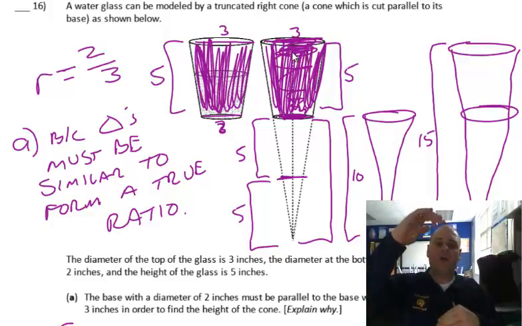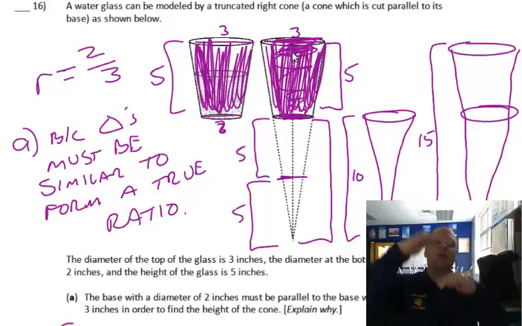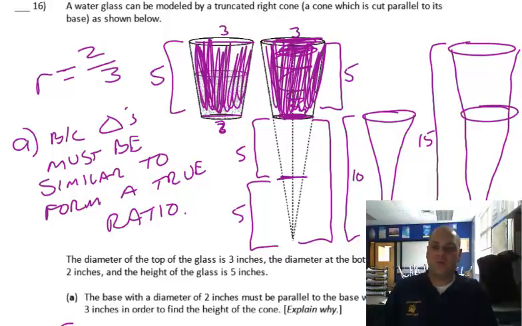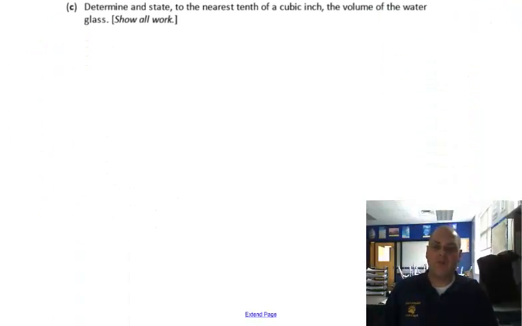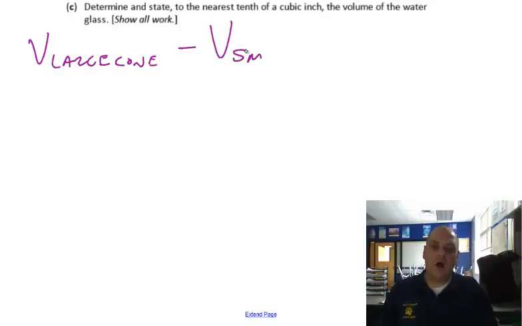Take the whole volume, take away the white, you're going to be left with the purple. So we're subtracting the volumes of the cones. It's going to be the volume of the large cone minus the volume of the small cone, and they're both going to be 1/3 pi r squared h. That's the volume of a cone.